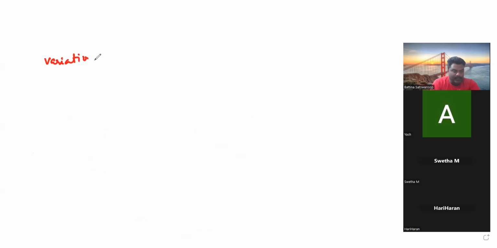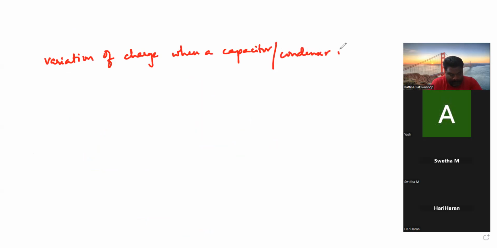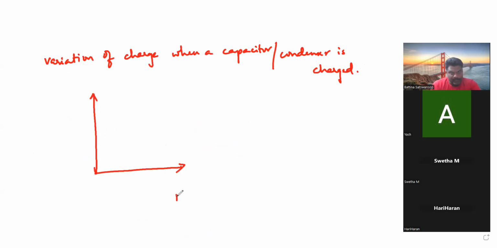Variation of charge when a capacitor or condenser is charged. Okay. So this is time, this is charge.